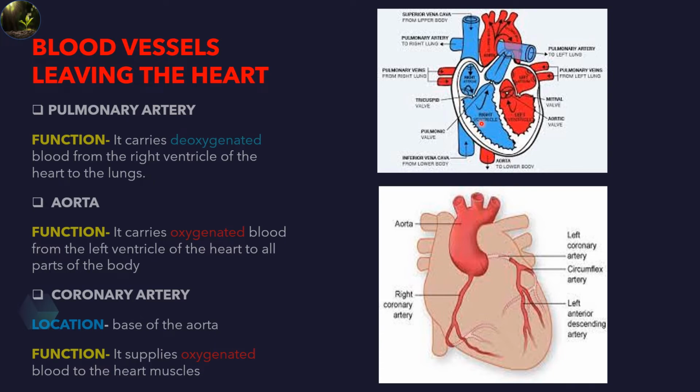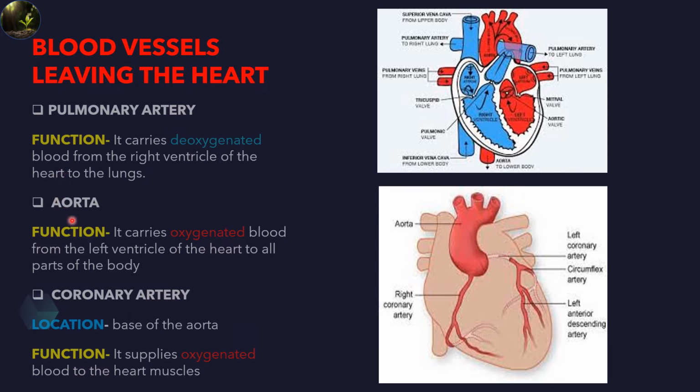Deoxygenated blood, from the right ventricle to the lungs. Because from the name itself, we know that pulmonary is related to the lungs. It carries deoxygenated blood from the right ventricle of the heart to the lungs.